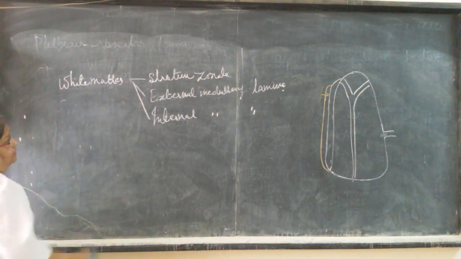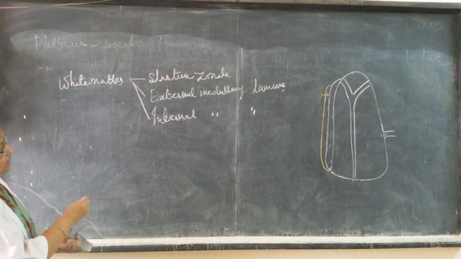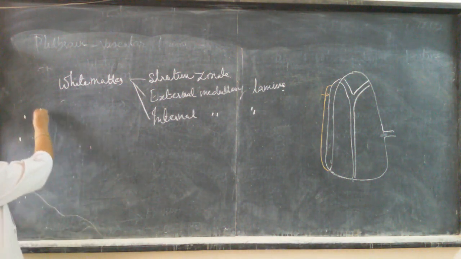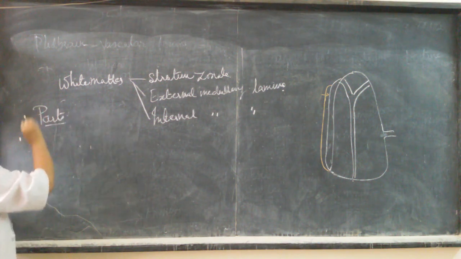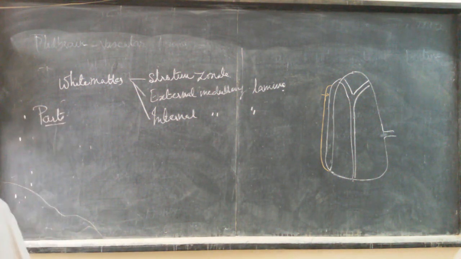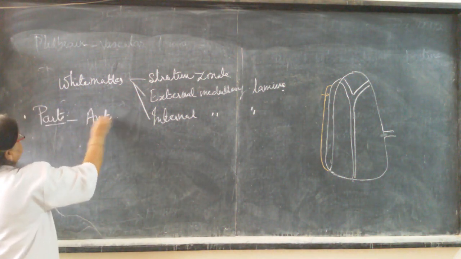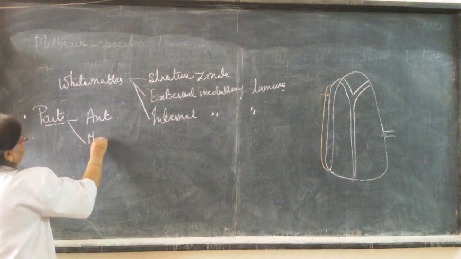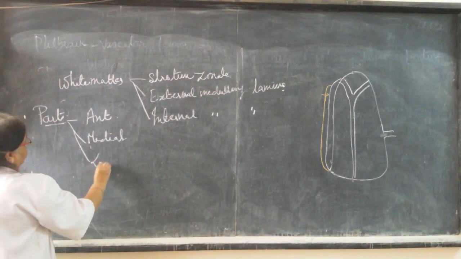The internal medullary lamina divides the thalamus into various parts. It is divided into three parts: anterior, medial, and lateral.